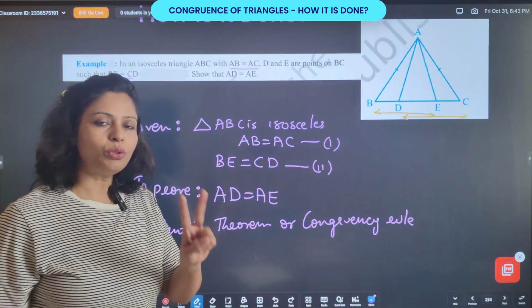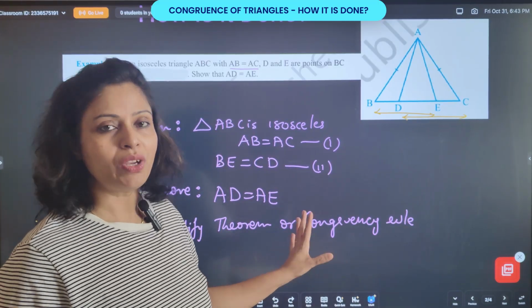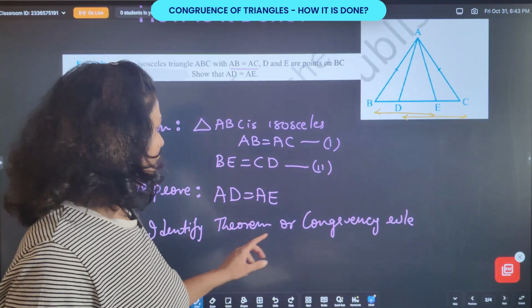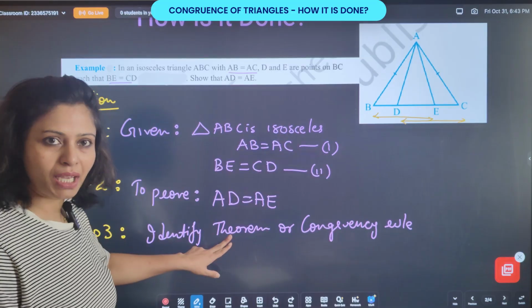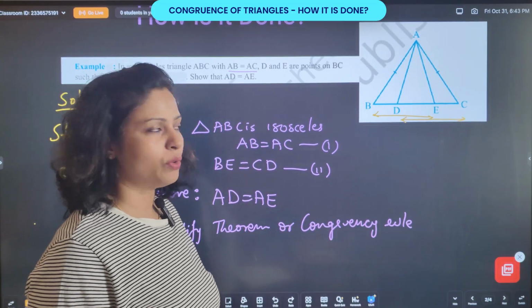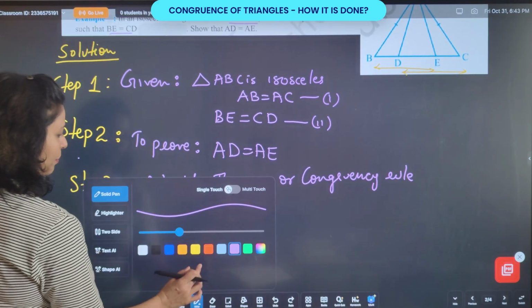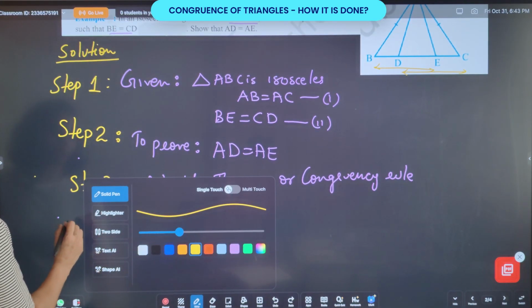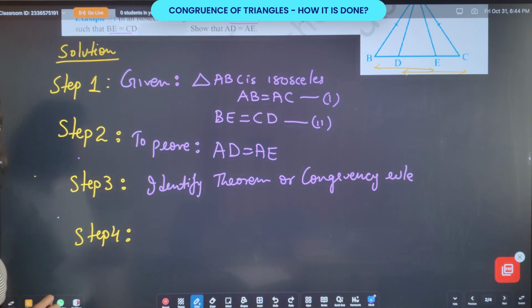These are the two things we always have to think of when proving a question in triangles. First is identifying a theorem, if any theorem can be applied here, and then the congruency rule. So now, after the third step, I will start with the fourth step.